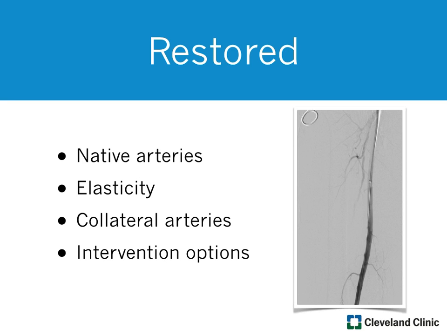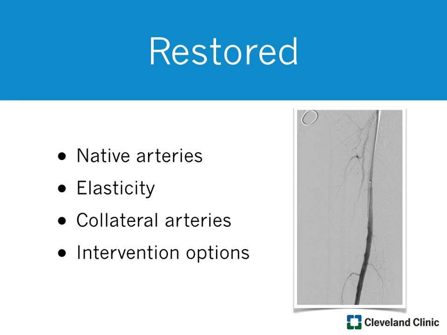Collateral vessels are preserved. You can see in the angiogram on the right the collateral vessels off of the superficial femoral artery are preserved. These are lost in stenting and often bypassed further down below and do not play a part, but actually I think that these collateral vessels do play a part in maintaining the patency of these interventions in particular.